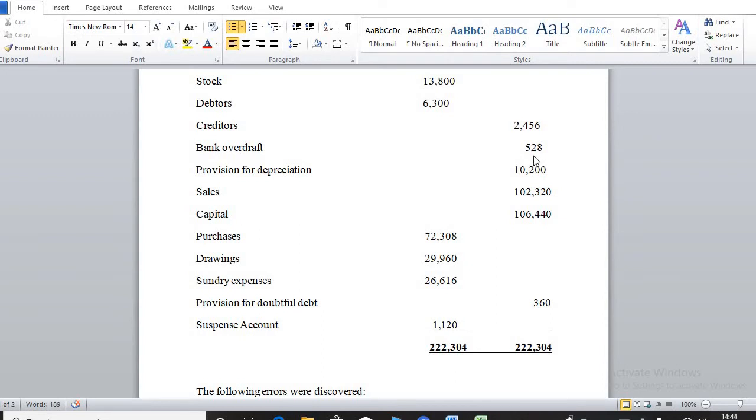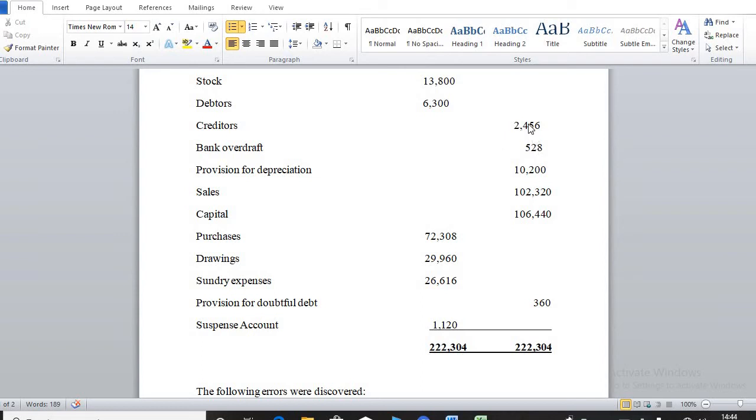So to reduce the overdraft to its original figure, you have to debit the bank account, because overdraft has a credit balance in the bank account. If you want to reduce it, you have to debit the bank account to reduce the amount on the credit side, which is indicating an overdraft.